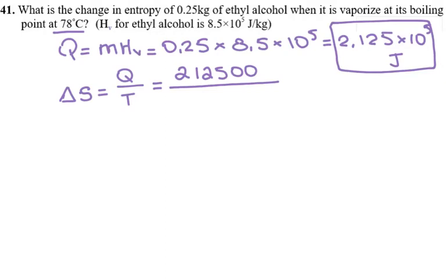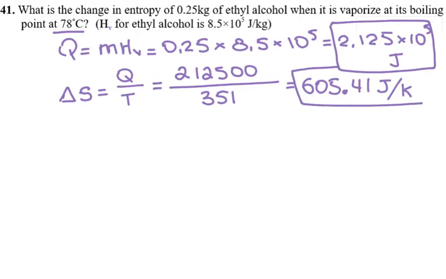So 78 plus 273 will give me 351 Kelvin, and that will give me 605.41 joules per Kelvin. So that's by how much the entropy of the universe will increase when you vaporize 0.25 kilogram of alcohol at 78 degrees Celsius, which is the vaporization point of alcohol.